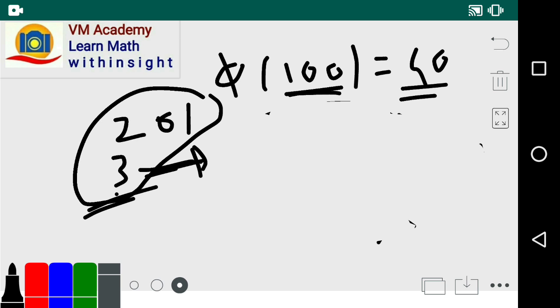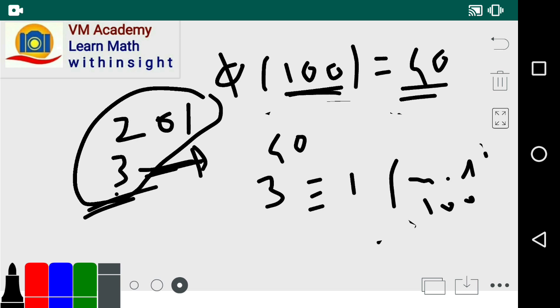Now we know 3 raised to phi of 100, that is 40, when it is divided by 100, leaves remainder, friends, 1. So we denote it by 3 raised to 40 congruent to 1 modulo 100.